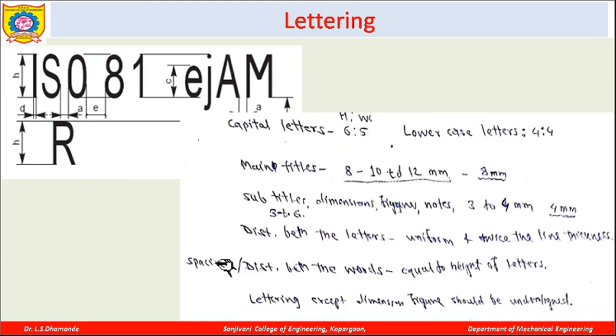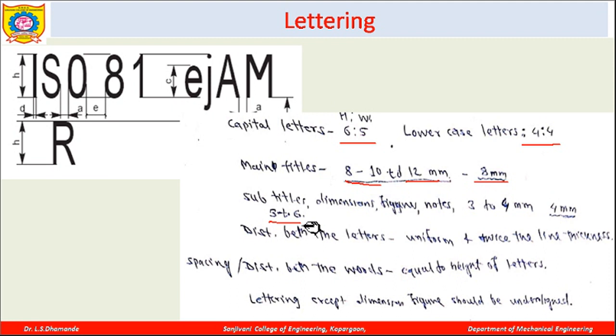Also, a few points are specified here. For capital letters you can use a height to width ratio of 6:5. For lowercase letters you can use 4:4. Generally the main titles drawn over the sheet are from 8 to 10 mm, or you may go to a maximum of 12 mm, but it is recommended that we use 8 mm for the titles in the main sheet, and subtitles from 3 to 6 mm.